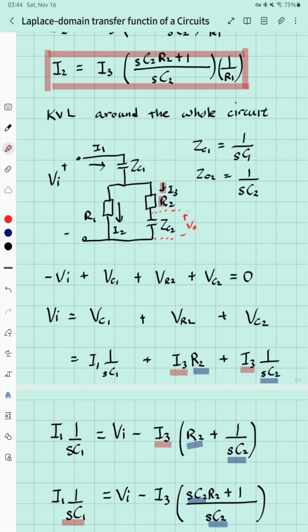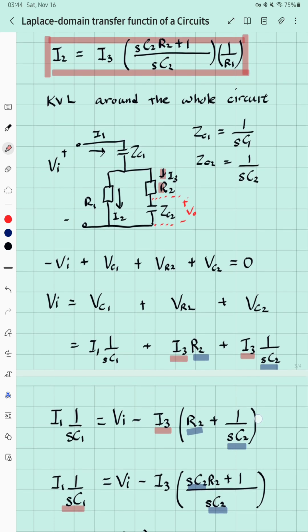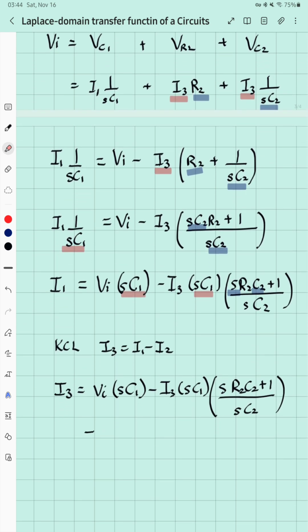It was I3 R2C2 plus 1. So that was I3 R2C2 plus 1 over SC2. It was times 1 over R1.